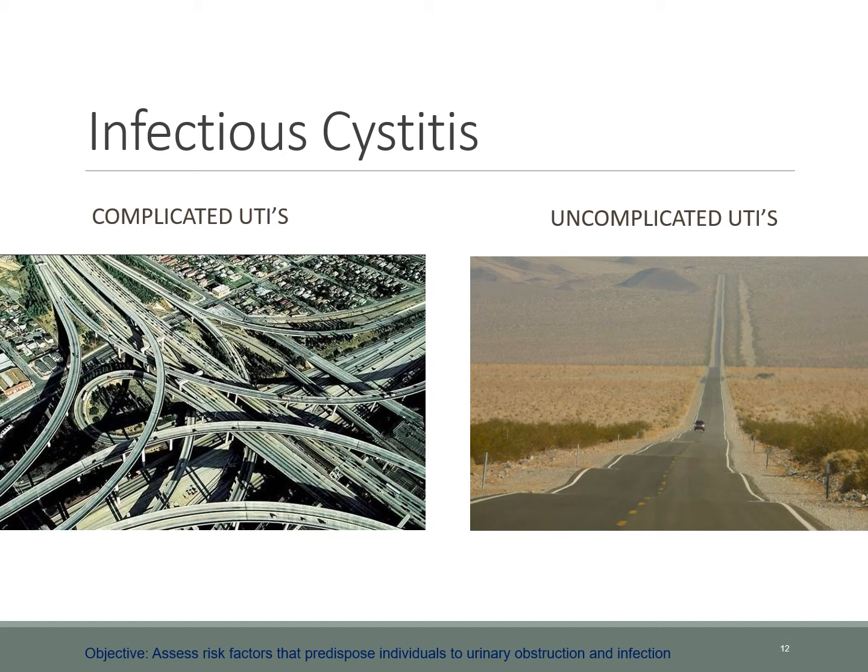Maybe they got a UTI from douching. But if we go into their history, we understand that there are no anatomic or functional abnormalities, and there's no major comorbidity that the patient has, and we're going to treat it pretty casually. It's a low risk UTI.